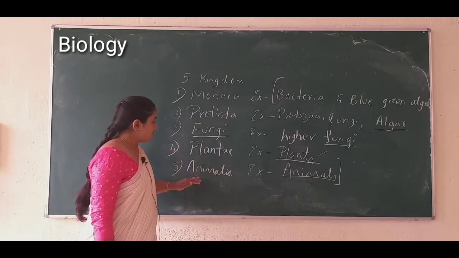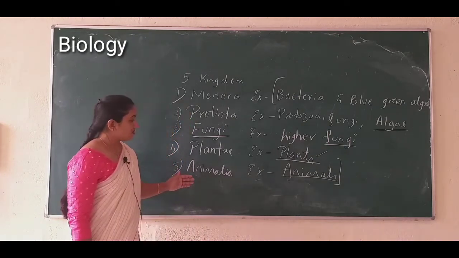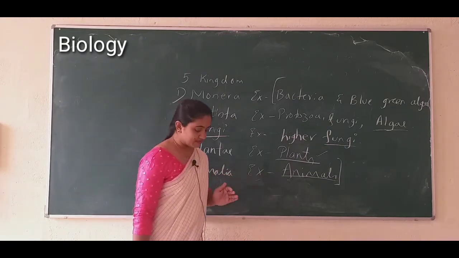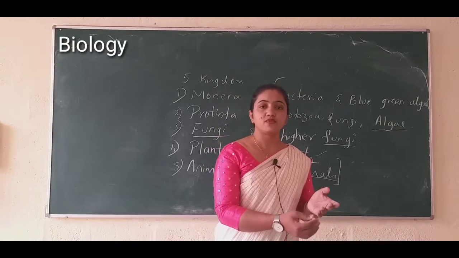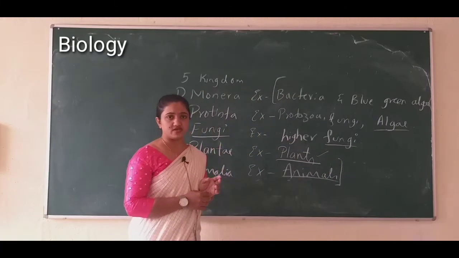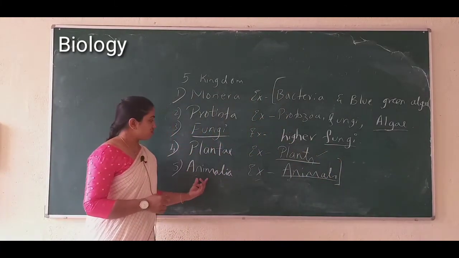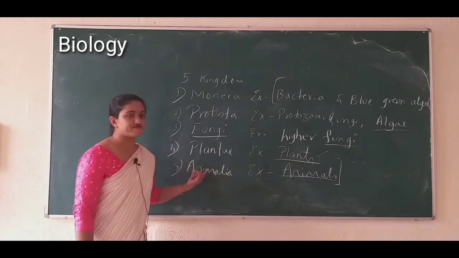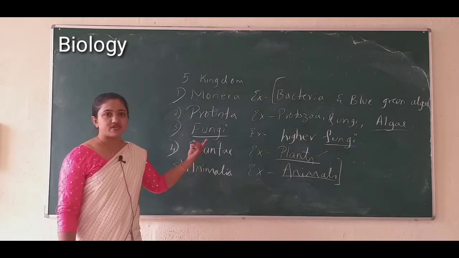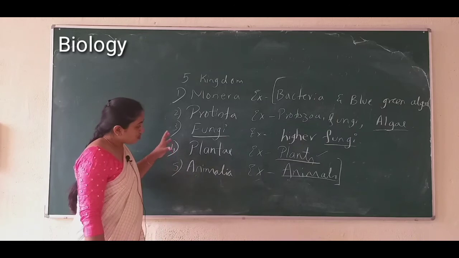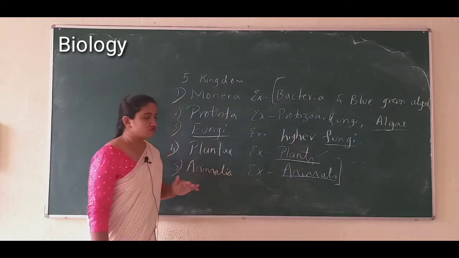Like that, if we come to Animalia, or kingdom animal, here all the animals are included. Yes, we know we have a number of species of animals. We cannot study or put all the animals into one group.